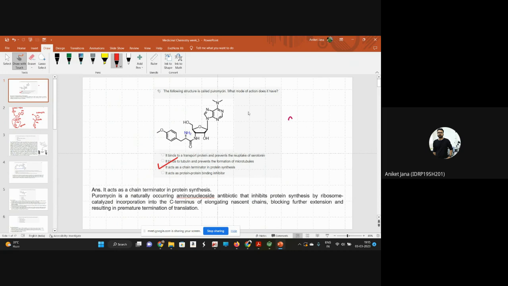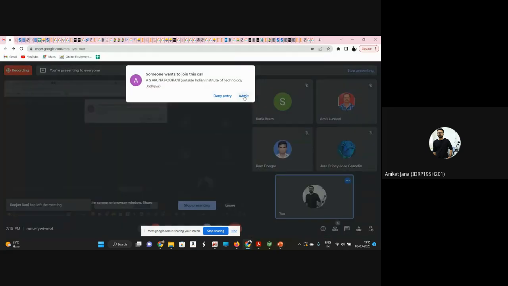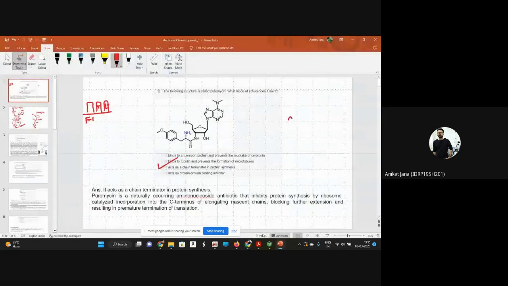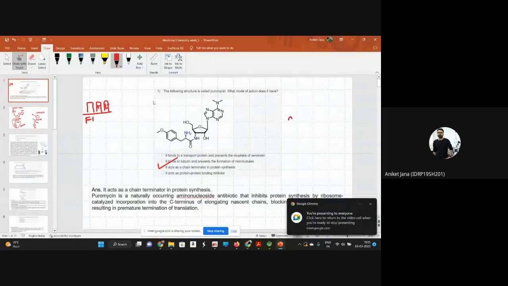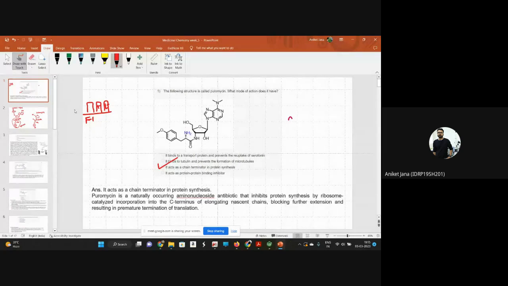Okay, and very broadly I am showing how it works. Suppose here some tRNA is there, here tRNA, here tRNA, and here is the peptidyl.